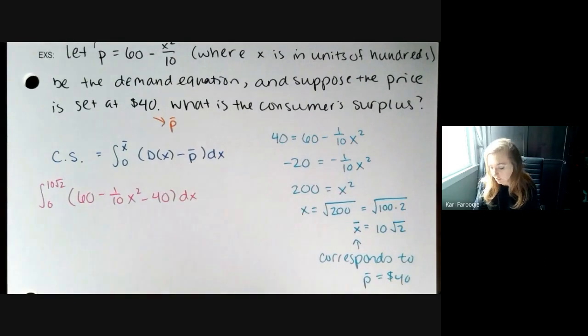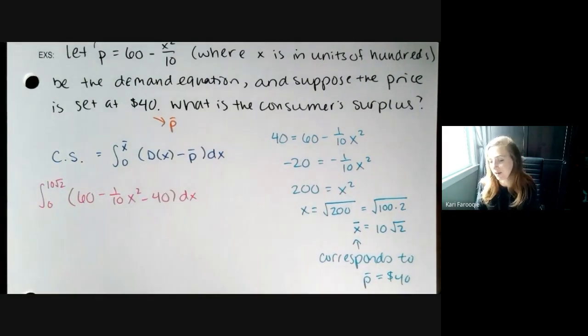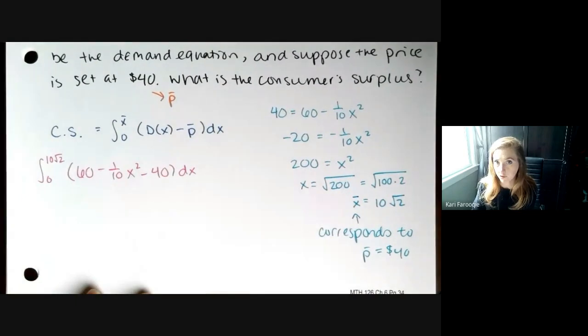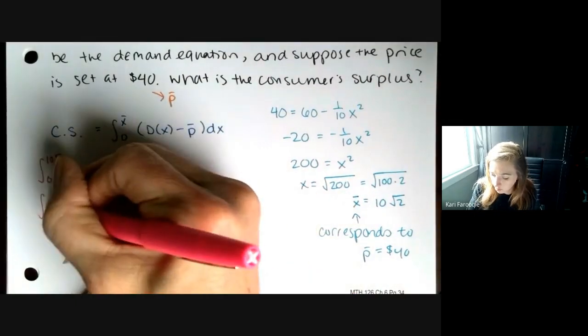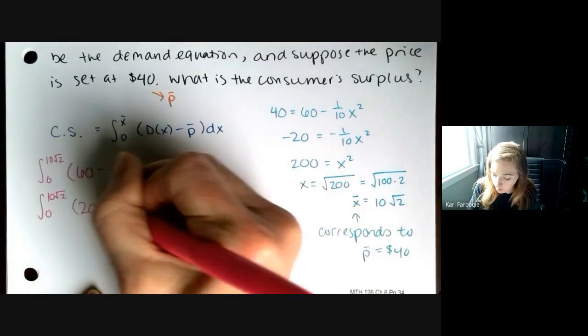Now, yes, technically we could just take this out and apply the x to it, but it's going to be easier just to combine these two constants together. So I'm going to do that instead of just using the alternate version of the formula from the previous page. So 60 minus 40 is 20.